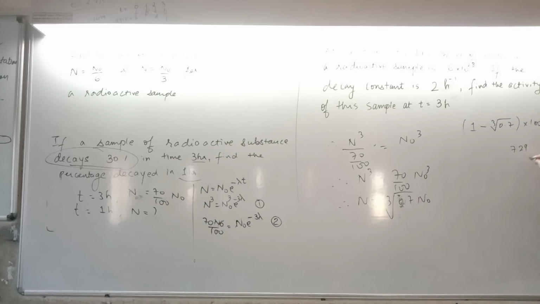I'm doing it like that because if it is 0.729, then its cube root will be 0.9. Of course this is not going to be exact. So it is not exactly 1 minus 0.9; be warned, a digit will come here, so it will be less than 0.9. In fact, if you do it on a calculator, you might get something like 0.89 or so. So that's why I'm saying it's not going to be exactly 10%.